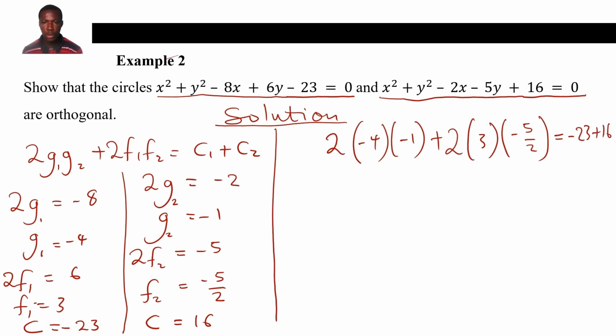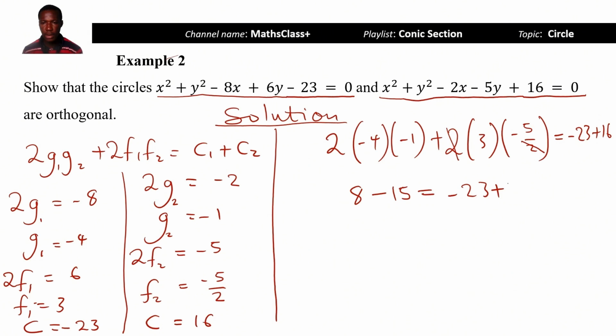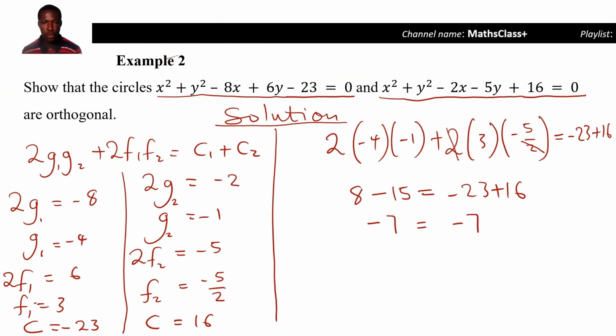So negative 4 times negative 1 will be positive 4, times 2, 8. And then the 2 here can cancel the denominator here. 3 times negative 5 will be negative 15. And minus 23 plus 16. So here we have negative 7, and here we have negative 7. And since they are equal, it proves that the two circles are orthogonal as required.